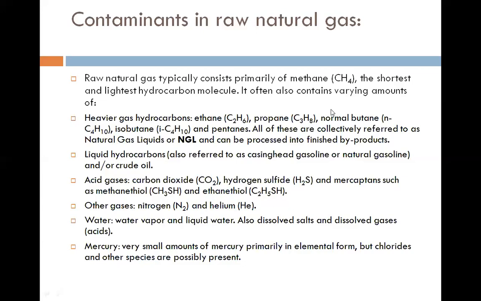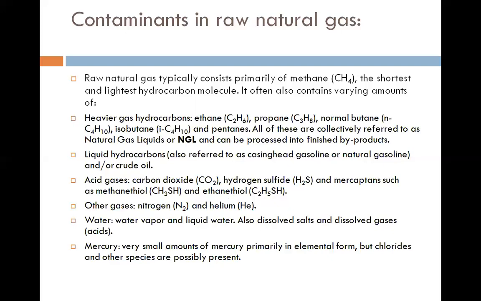And more importantly, water is always present in the form of water vapor or sometimes as liquid water. And mercury is also present in very little amount, which we will also describe how it is removed.